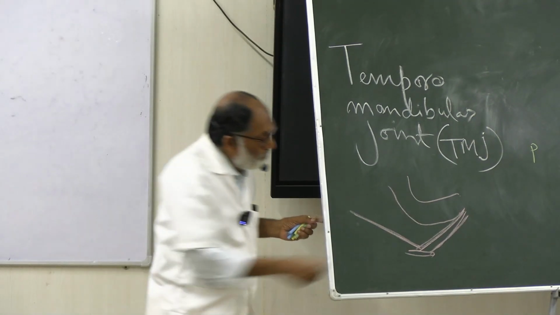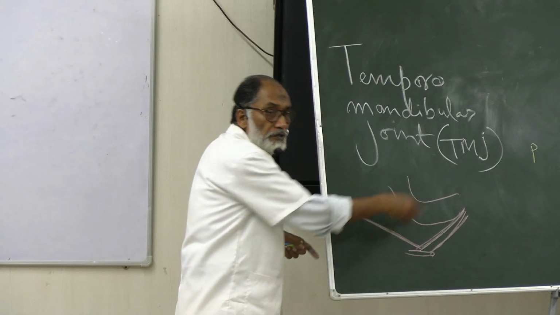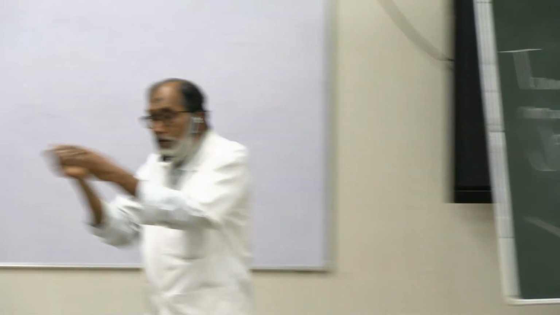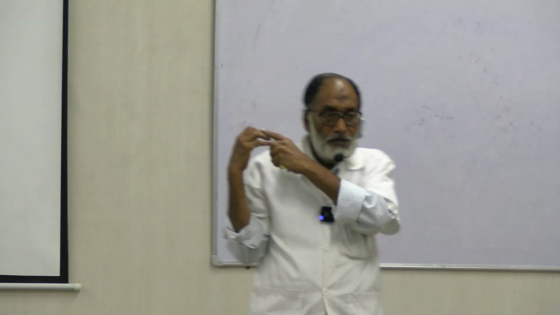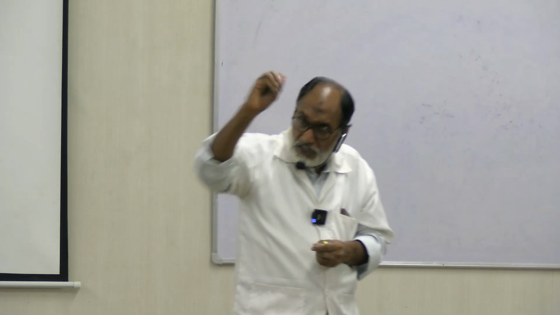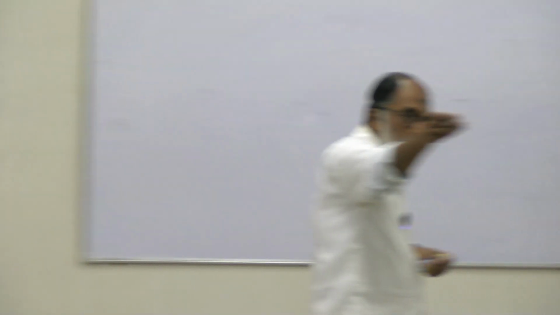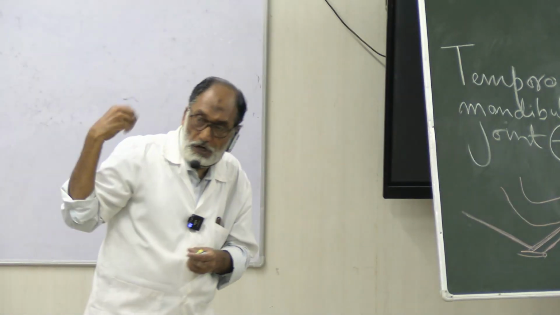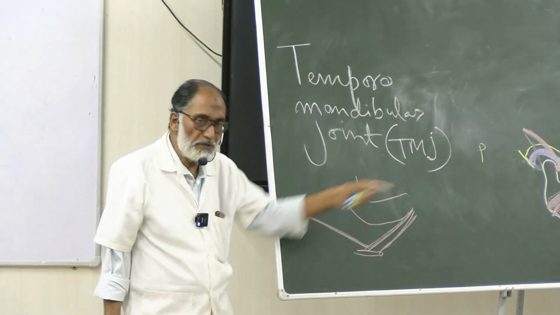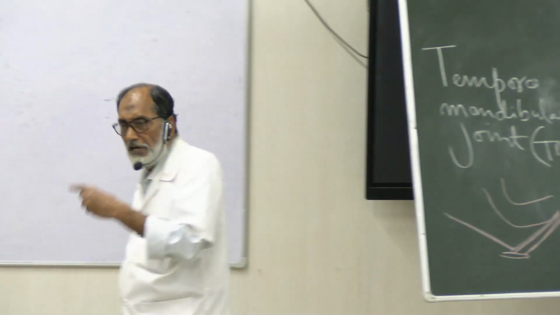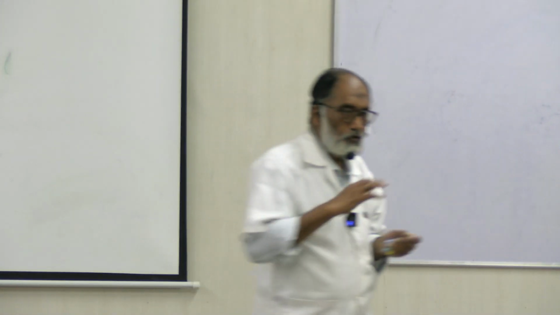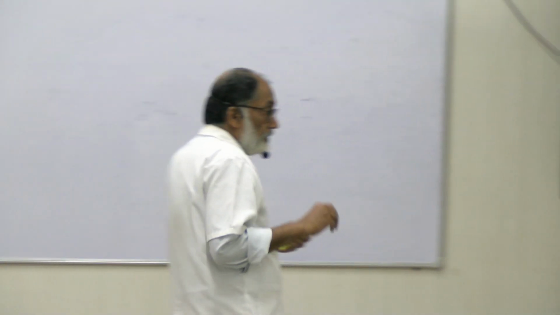So geniohyoid, mylohyoid and digastric also help in the retraction of the mandible. First you mention the main retractor, the posterior fibers of the temporalis. Then you should mention the other muscles, that is the suprahyoid muscles, digastric and geniohyoid. Right? So retraction and protraction.